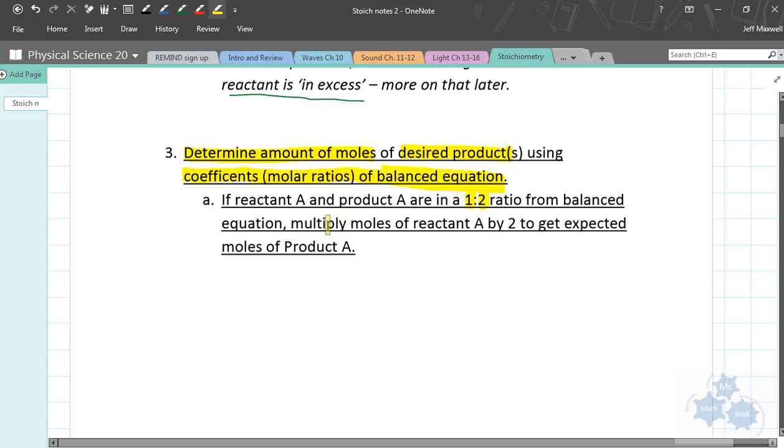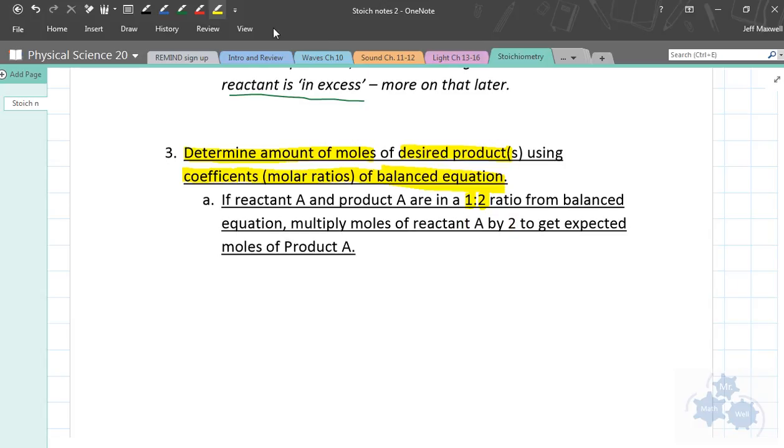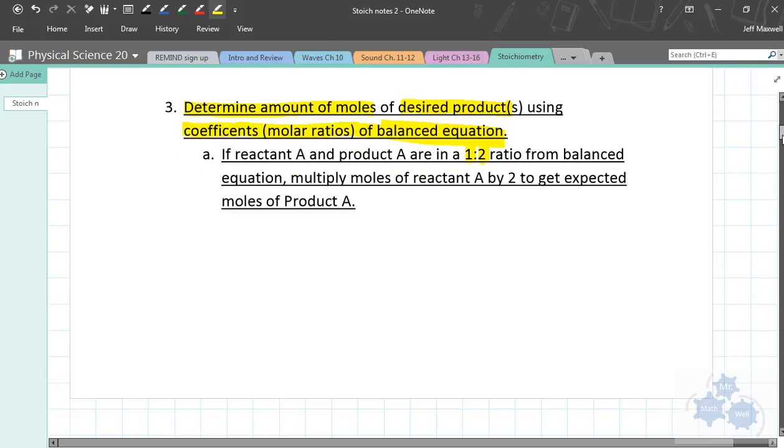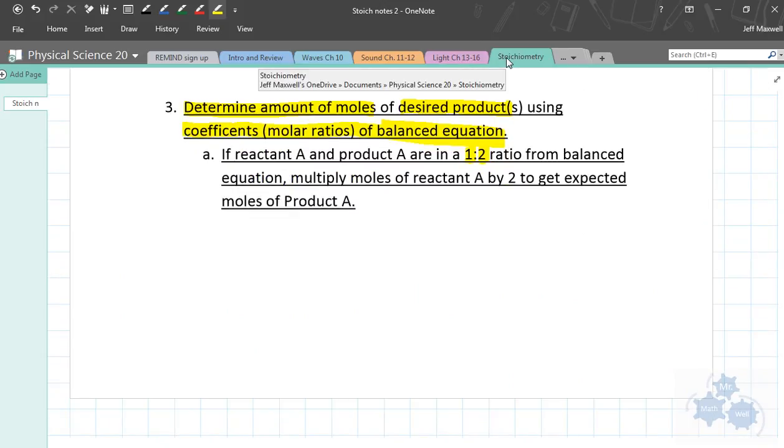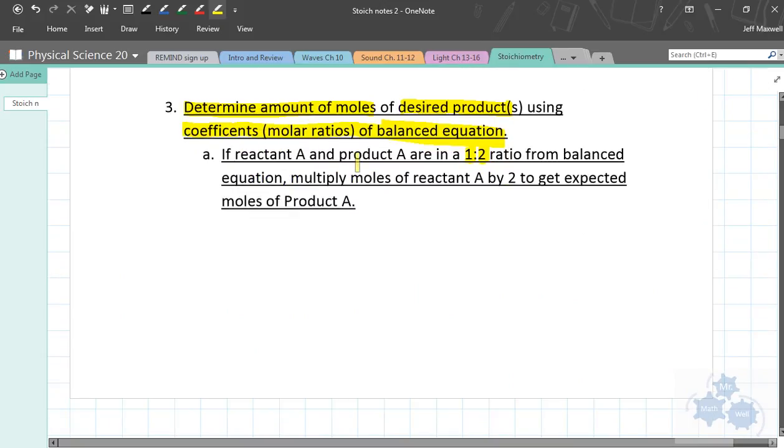So we take the number of moles of reactant A and we multiply it by 2. It's pretty easy. And I'm going to do a little sample here with you in a second. Okay? So just get that copied down, and we use the molar ratio in this way.